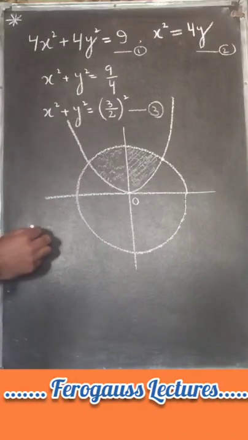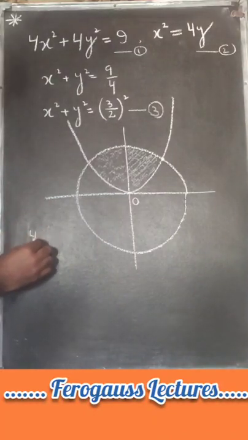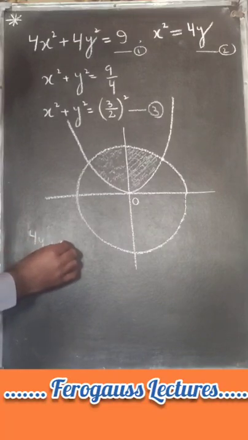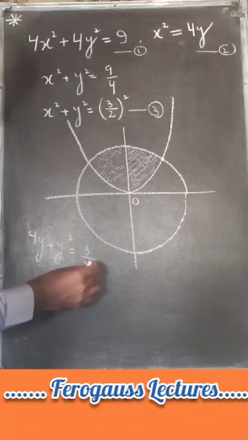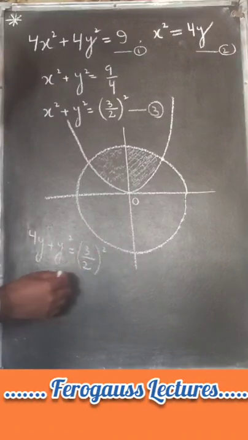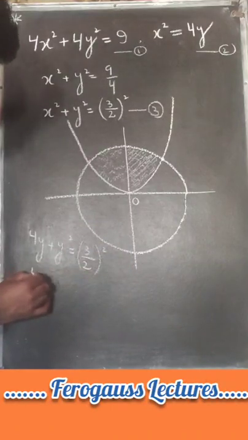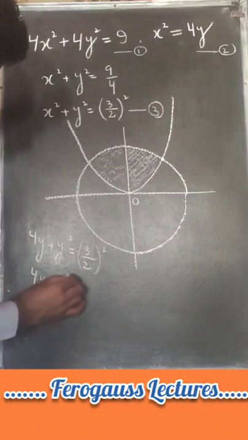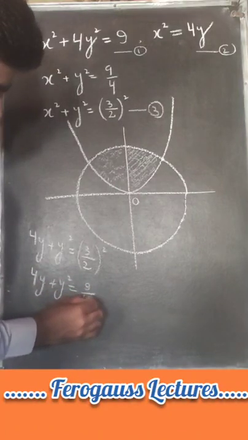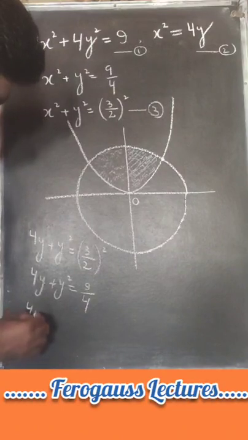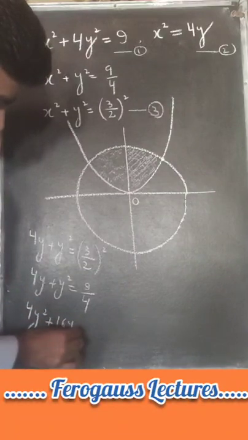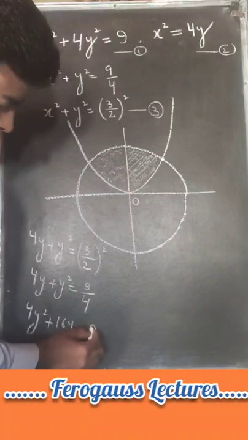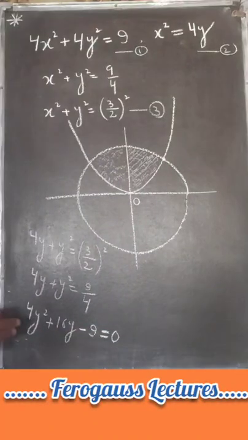We get, instead of x square we have 4y, so 4y plus y square equal to 3 by 2 whole square, or it is 4y plus y square equal to 9 by 4, or it is 4y square plus 16y minus 9 equal to 0. Now we will solve this quadratic equation to get y.